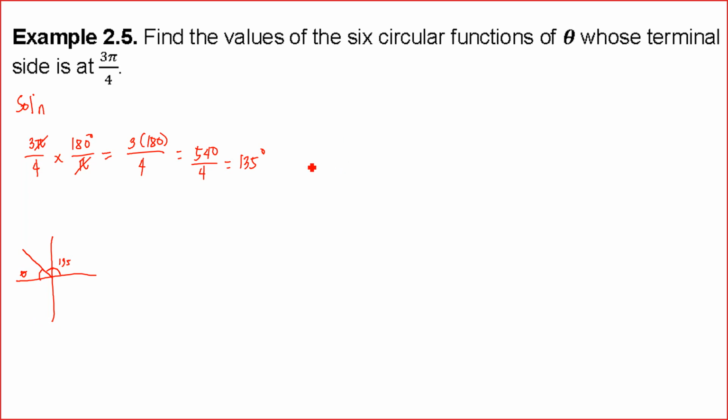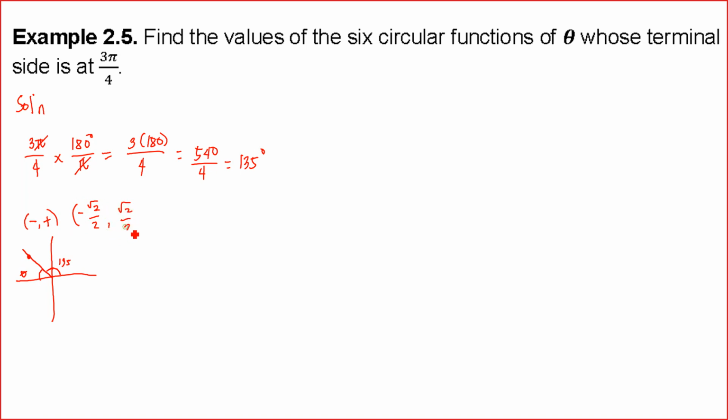Therefore, the nature of the points here is negative, positive. Since this is in the second quadrant and the reference angle is 45 degrees, the point here must be negative square root of 2 over 2, square root of 2 over 2.